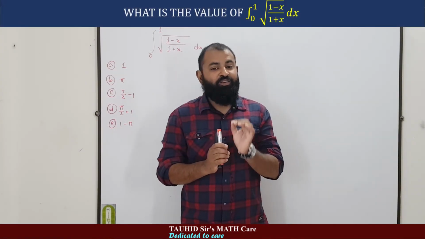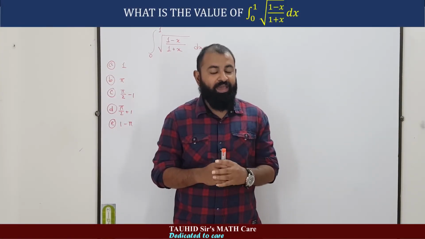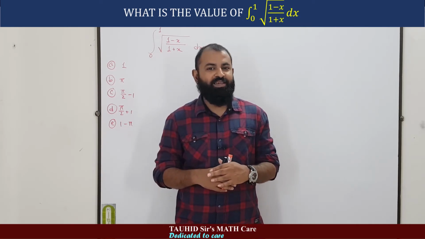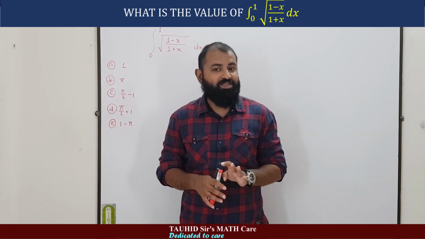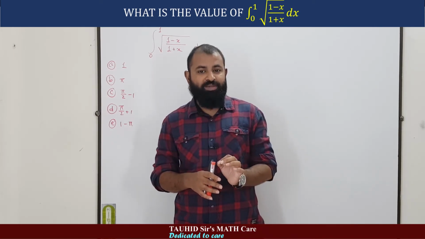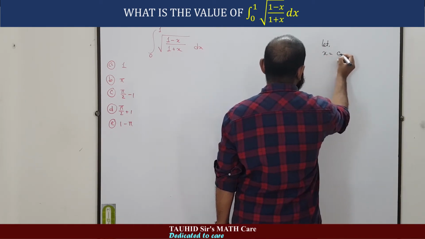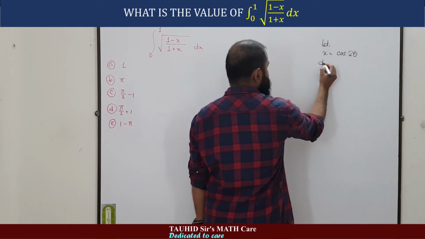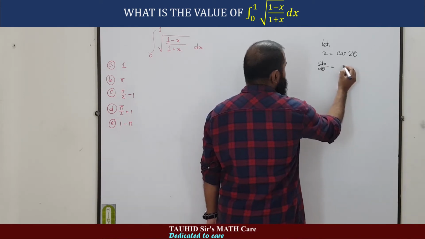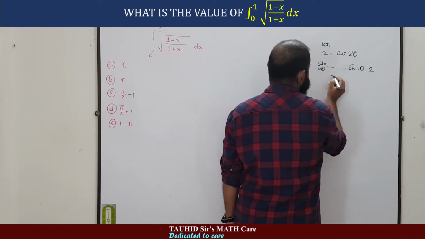This math is a very special math. This math appeared in BUET 2011 and it also appeared in Kuwait and SAST too. To solve these maths, we need to follow a certain rule for substitution. In this case, we will assume that x equals cos 2 theta. That means dx/d theta equals minus sin 2 theta multiplied by 2.